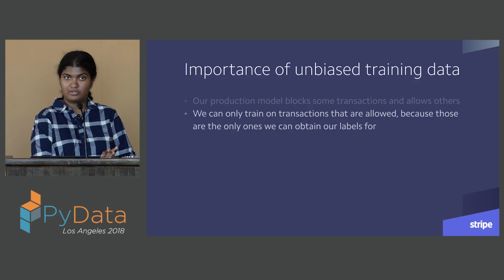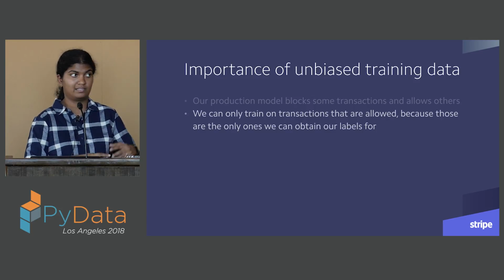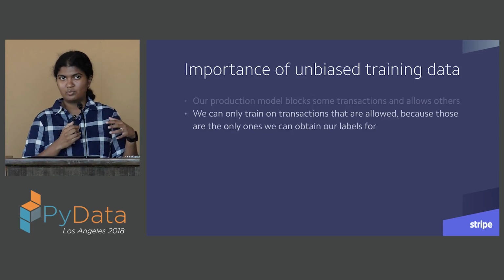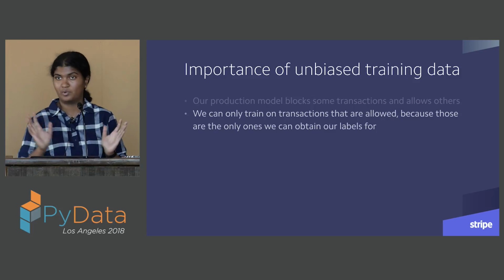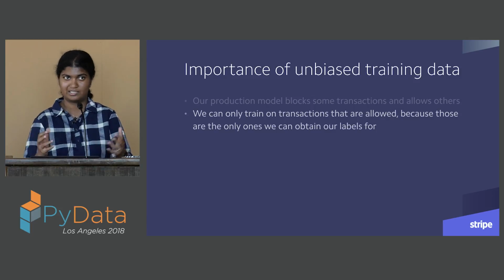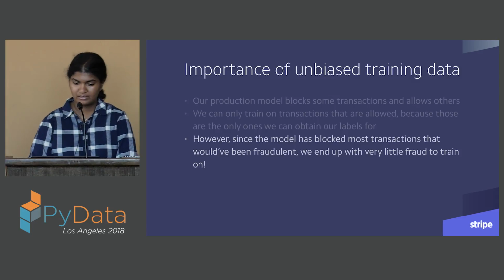And this means we can only train on transactions that the model has allowed to go through and hit the card network, because those are the only ones we can observe the true outcomes of. For the ones that the model has blocked, we have no idea what's happening to those, because the model blocked them and hasn't let them go through to the network to see what ultimately happens.